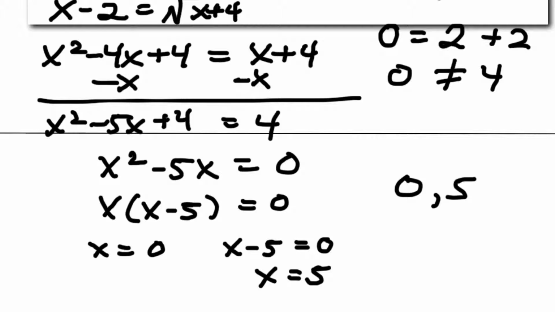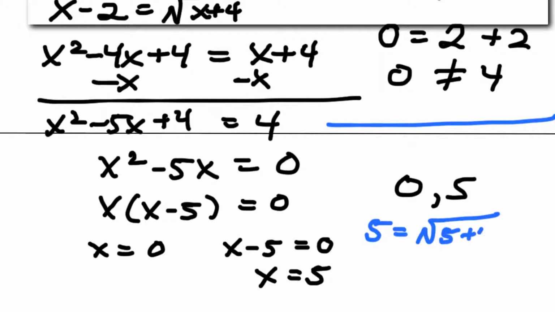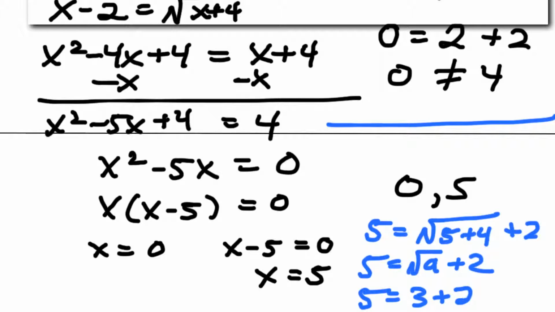Let's try the other one: 5 equals the square root of 5 plus 4 plus 2. So 5 equals square root of 9 plus 2, which is 5 equals 3 plus 2. 5 equals 5. We're good. So the only one that works is 5. 5 is our answer.